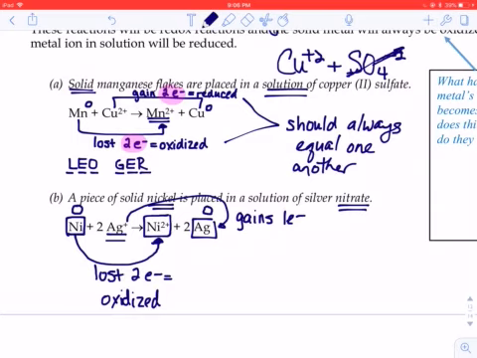So if it gained 1 electron, but this one lost 2, how does that work? Oh, because there is a 2 right here. So the first silver gains an electron. The second silver gains an electron. So 2 electrons are gained total, right? Gains 1 electron each. 2 electrons are gained total during the course of that.